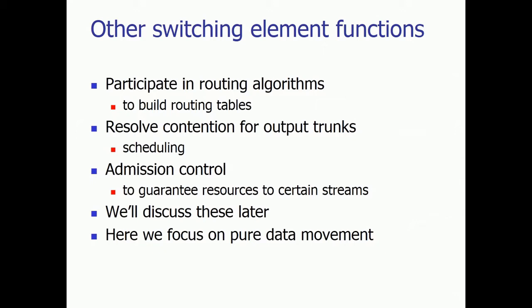For this, a schedule is prepared of at which time, at which link the output is given. Third one is admission control: which device will be given permission to access the channel. These things we will discuss later. Here we are focusing purely on how the data will be moved in the network.